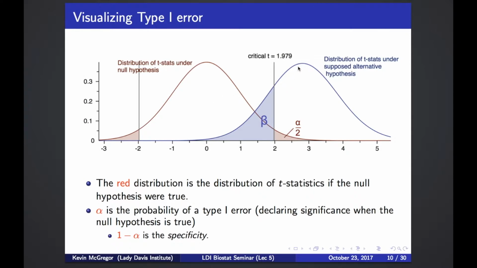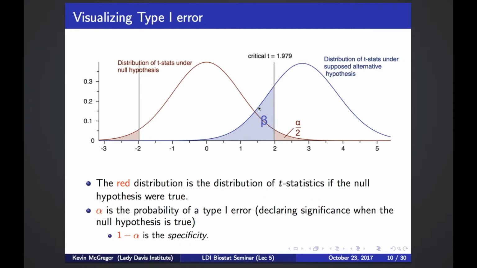So the point is that where this blue curve is located relative to the red curve depends on 3 things. It's going to depend on the effect size. If you see a large difference between the groups, then that distribution is going to be pushed over to the right, which means that the power is going to be increased.